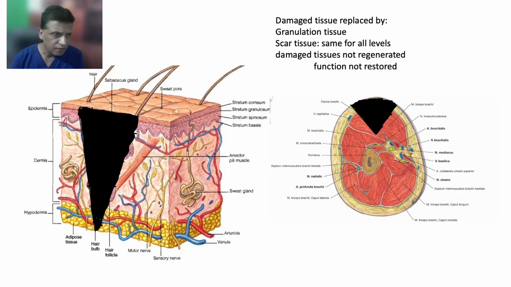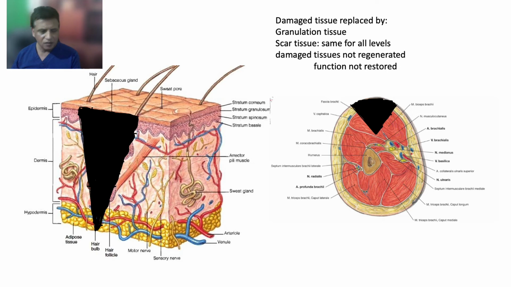And if you look at this diagram here on my left, here is a depiction of a wound that extends all the way from the epidermis down into the fatty layer. And on my right, you can see the wound extending down into the muscle layer.